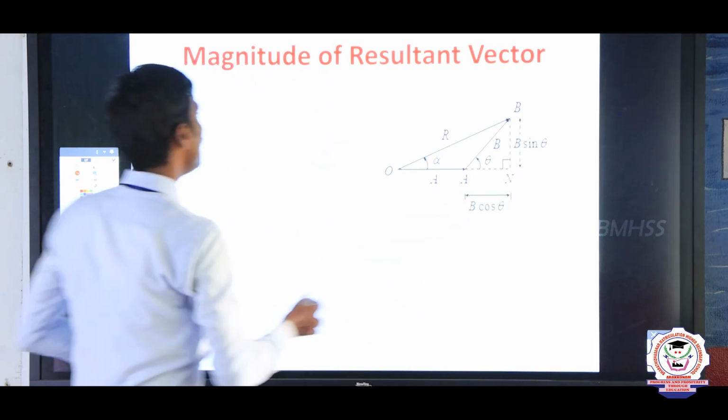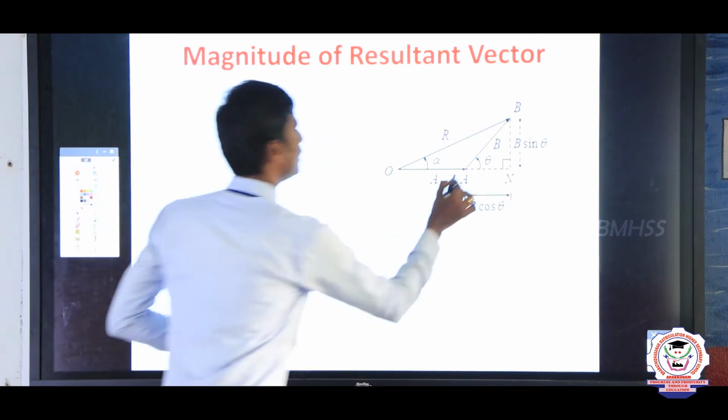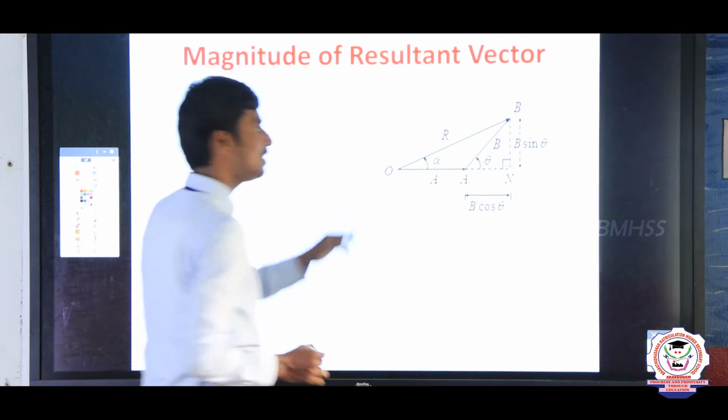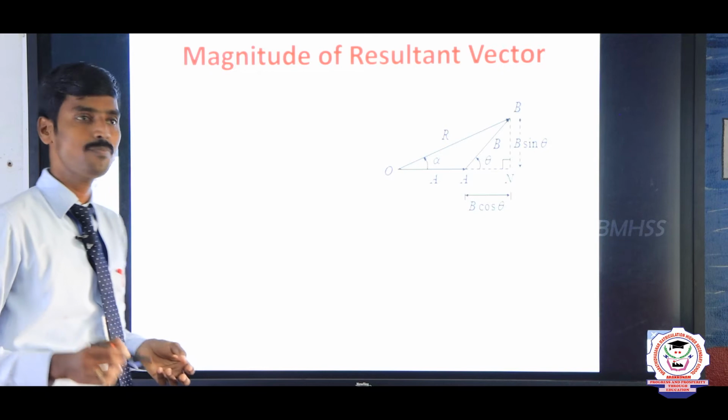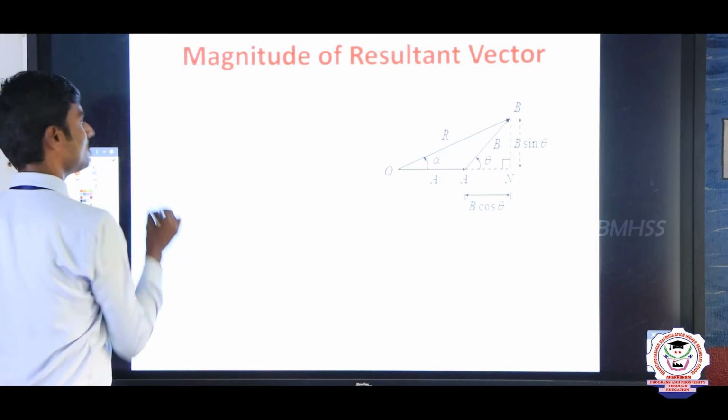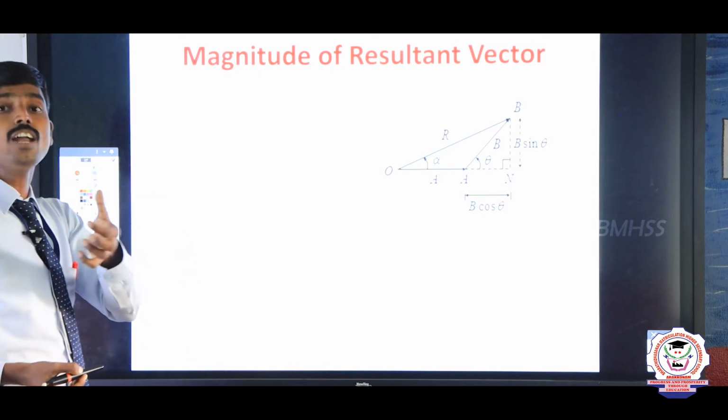Now ABN is a right angle triangle. Already we know the basic concept of the trigonometric rule.